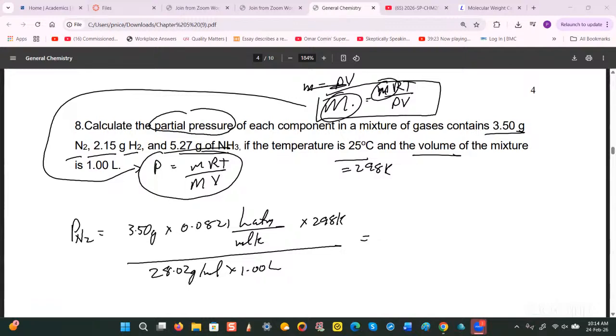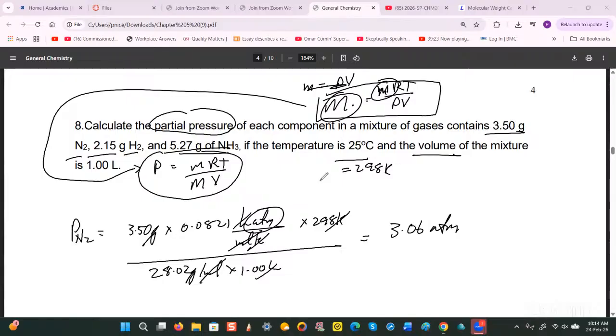According to my calculation, that equals 3.06, and the units would be atmospheres, because the gram units will cancel out, the moles will cancel out, Kelvin will cancel out, and liters will cancel out, so the only unit remaining would be the atmosphere unit.